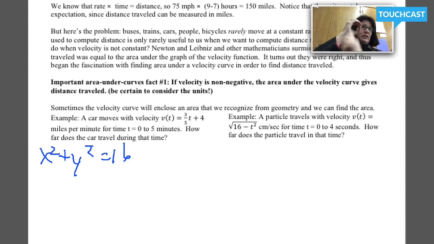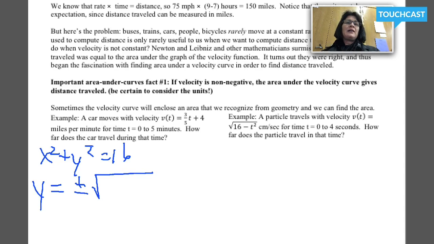Remember, a circle's not a function because it doesn't pass the vertical line test. If I isolate y, I'd get y equals the positive or negative square root of 16 minus x squared. The positive part is the half of the circle above the x-axis, and the negative part is the half of the circle that lies below the x-axis.